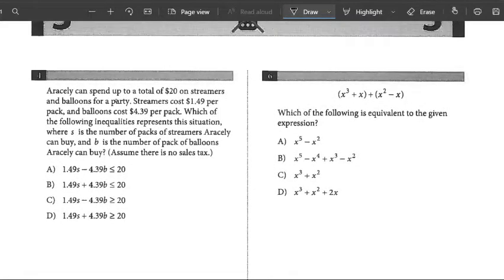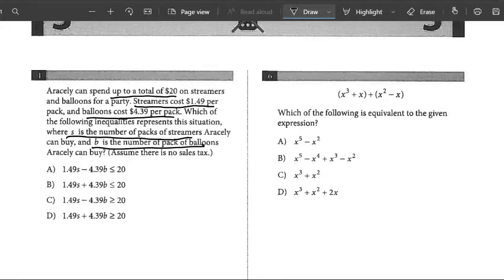Spend up to a total of $20 on streamers and balloons. Now streamers cost 1.49 per pack and balloons cost 4.39 per pack, where S is the number of packs of streamers and B is the number of packs of balloons. So which of the following inequalities represents the situation?